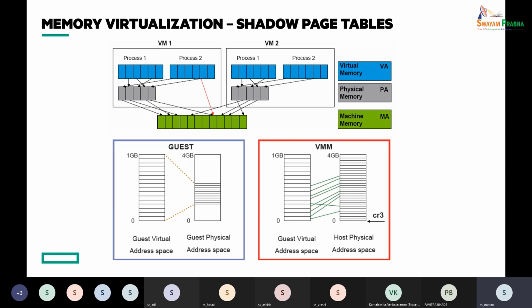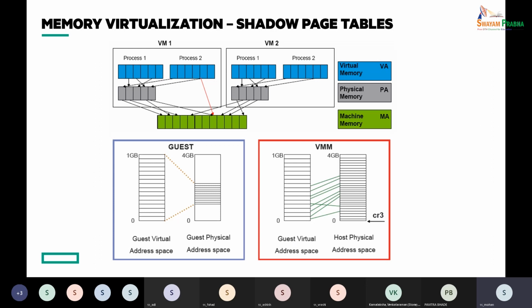But then that guest physical address needs to be translated to a host physical address, which could be in different locations. Even though they are the same location within two VMs, for instance, if you run the same Linux operating system on both VMs, you will see that the addresses being used during startup are pretty much identical on both, but they are guest physical addresses and they need to be translated to a host physical address, which is also called machine memory in this case.